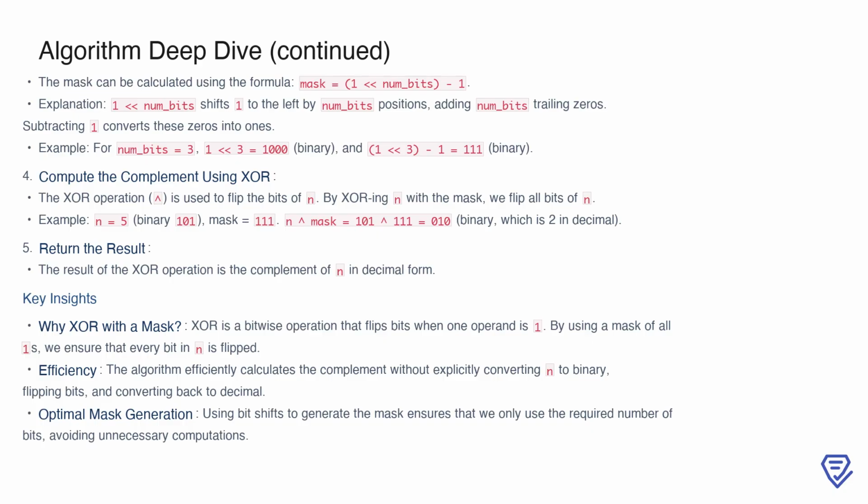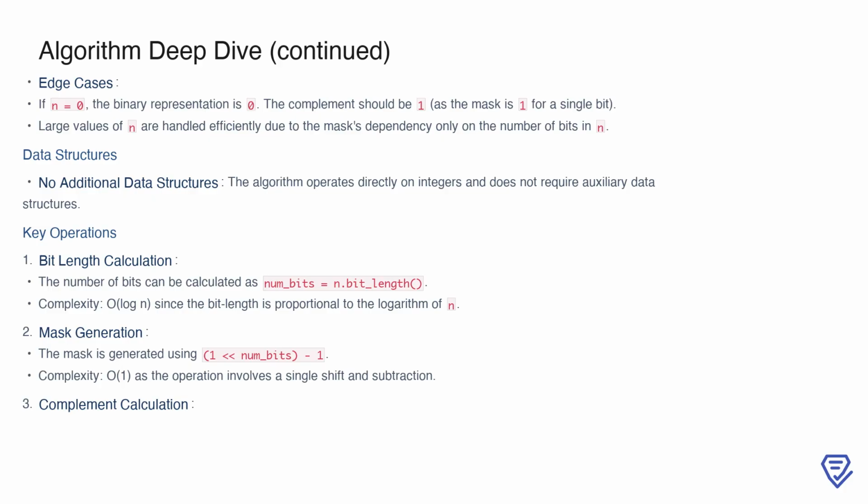The final result of the XOR operation gives us the complement of n in decimal form. This approach is both efficient and intuitive, leveraging bitwise operations to avoid unnecessary conversions between binary and decimal formats. This algorithm is robust enough to handle edge cases.